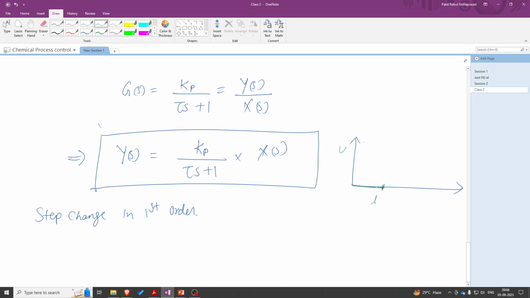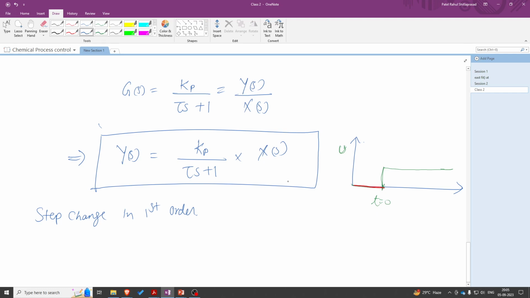Now at time t equal to 0, I increase the manipulated input to some value and then keep it constant. Now we want to find the effect of this step change on the output of the system. So let's say earlier, if the input was 0, I'm calling the output also 0. Now the moment I introduce the step change, I want to find the output of the system.